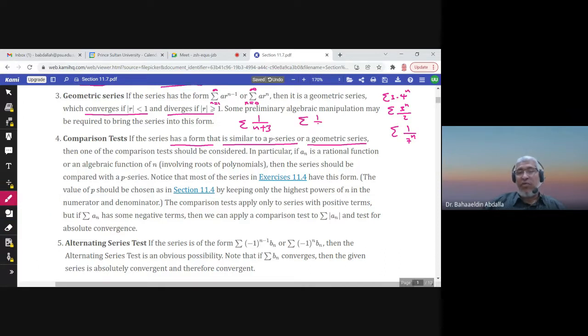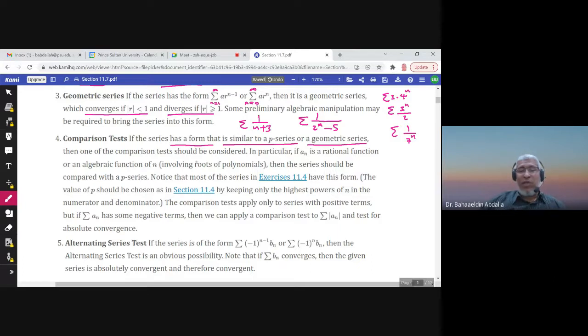For example, 1 over 2 to the power n, times something, or plus something. Let me write it like this: 1 over 2 to the power n minus 5, for example. So is it similar to a geometric series or a p series?